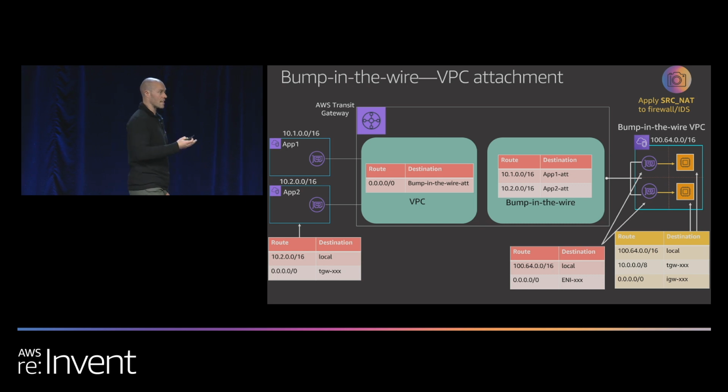So if it's a firewall or anything like that, you're going to have to apply source NAT. Now, this is because you can fall into an asymmetrical routing type issue. So this is typically what you need to do if that bump in the wire requires state, like a stateful firewall. It needs to come back and see both sides of it.